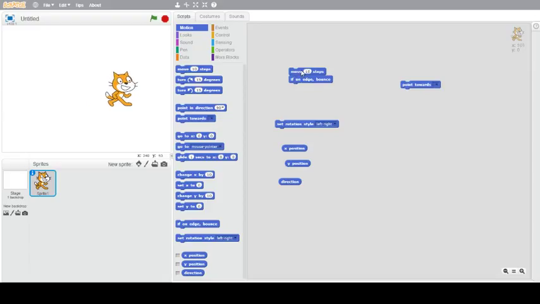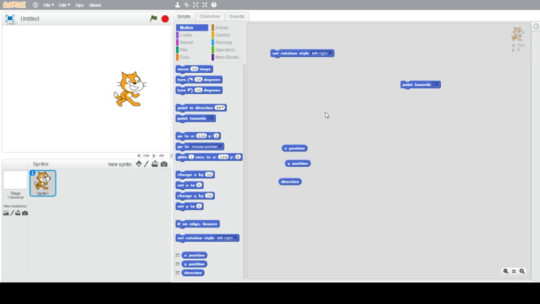I can keep having this happen, and as soon as he hits the edge of the stage, he bounces. I'm still getting used to the whole thing. In Scratch 1.4, this wouldn't happen where he turns upside down. So that's if on edge, bounce. It bounces him off to make sure he doesn't go off the stage. As soon as he touches it, though, he will do something.